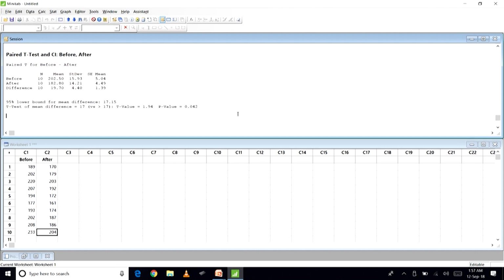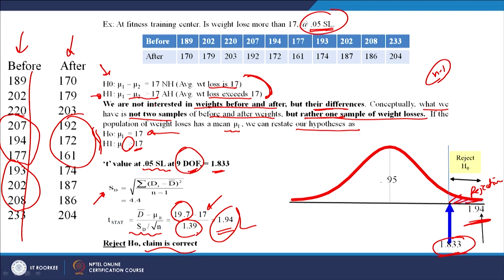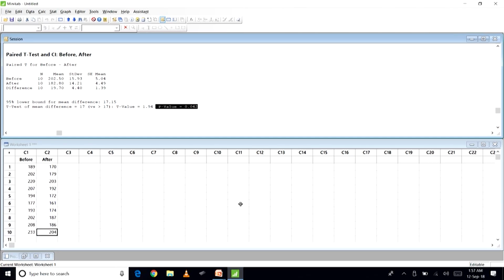The p value is 0.042 and the t value is 1.94. Let us check. The t value is just what we got over here, 1.94, the calculated t value.